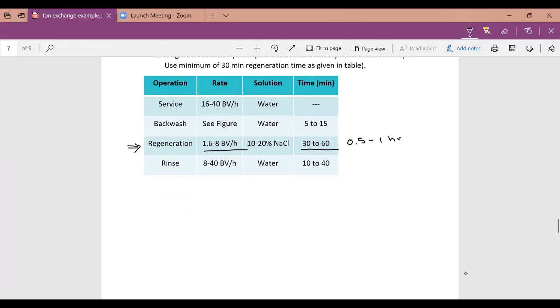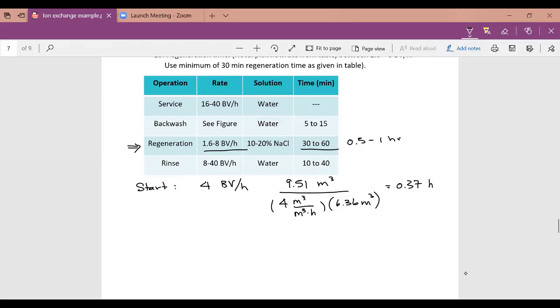So let's start by picking 4 bed volumes per hour. So we have 9.51 cubic meters divided by 4, that's meters cubed of water per meters cubed of resin per hour, times 6.36 cubic meters, and that is 0.37 hours.